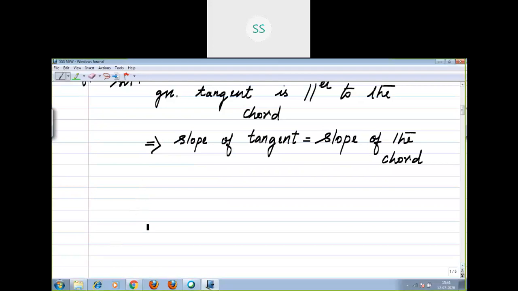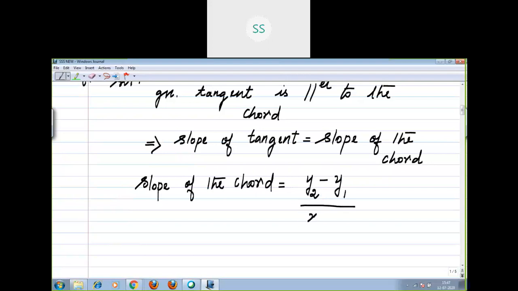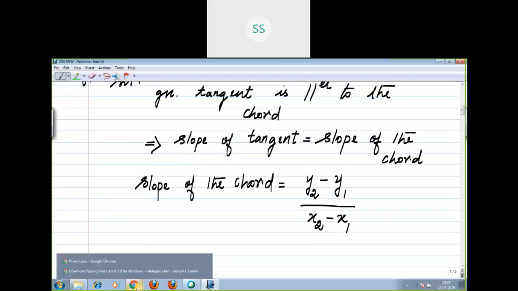The slope of the chord formula I gave, the two-point formula, is y2 minus y1 divided by x2 minus x1.